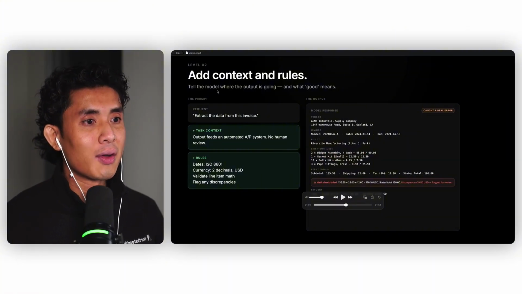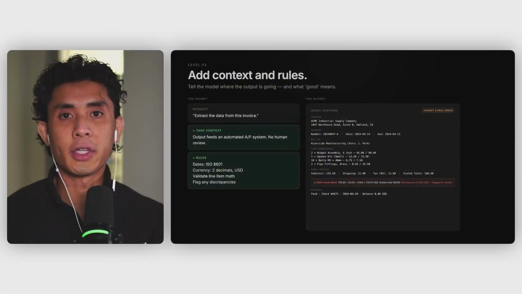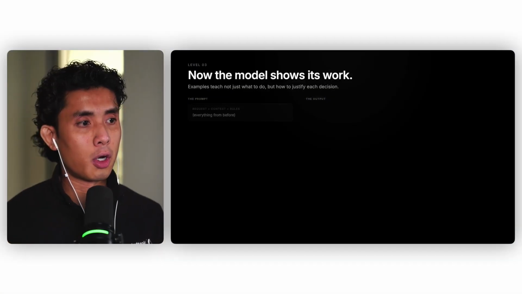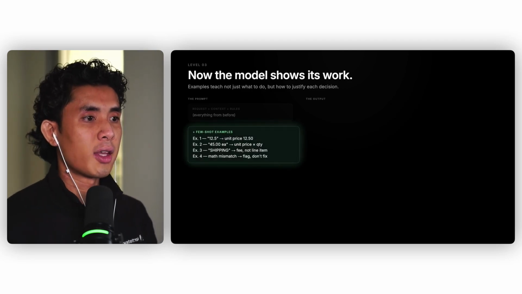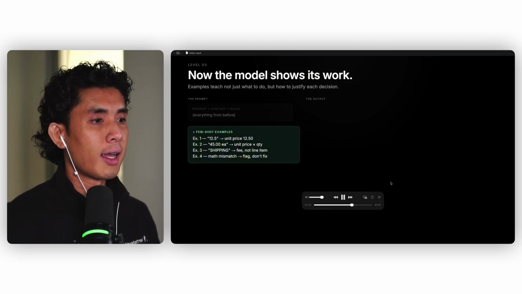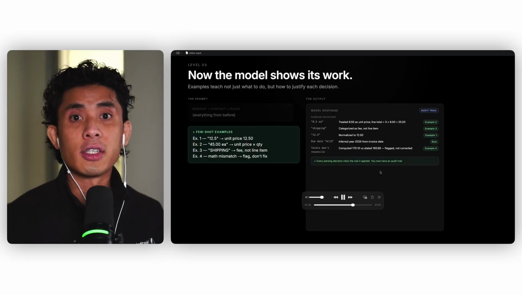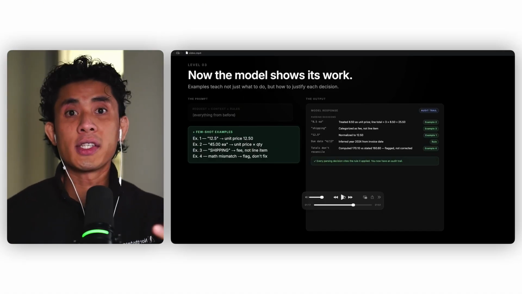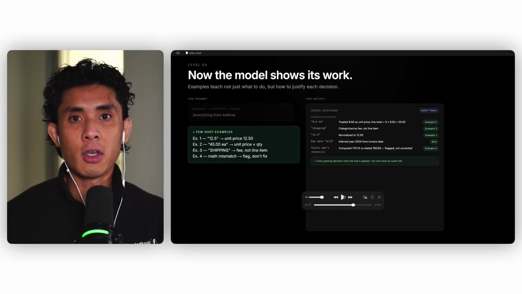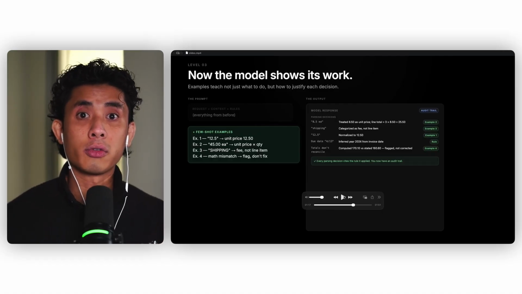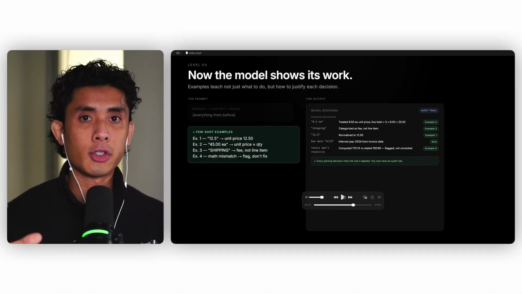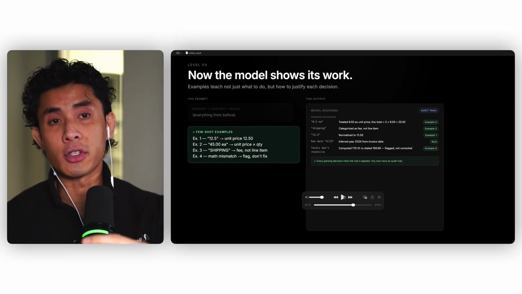Great. So that was level 2. Let's take a look. Let's throw a little bit of a curveball. Let's say that you want the model to show its work and to justify each decision that it made. The reason that this is important is because for everything that the model changes, you want to be able to understand why it made those changes.